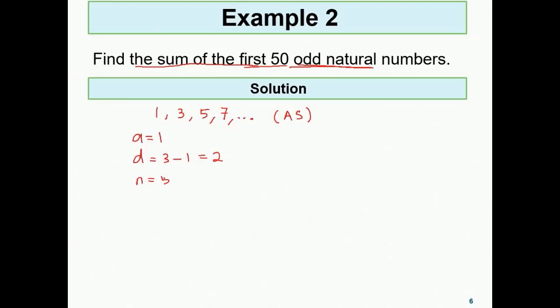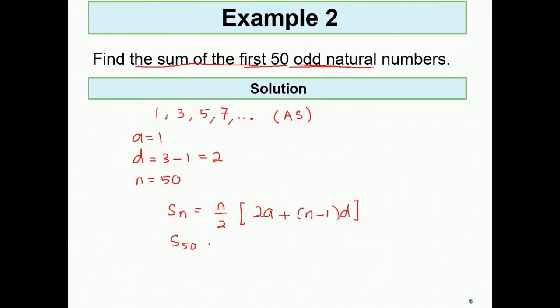So using the formula, Sn equals n over 2 times (2a plus (n minus 1)d). Why do I choose this formula? Because I don't have the last term. Okay, now substitute n with 50.